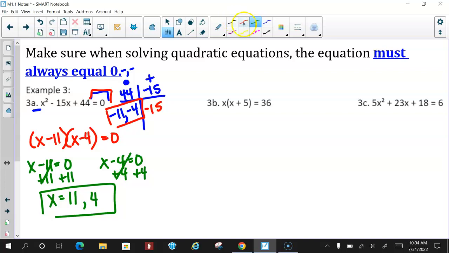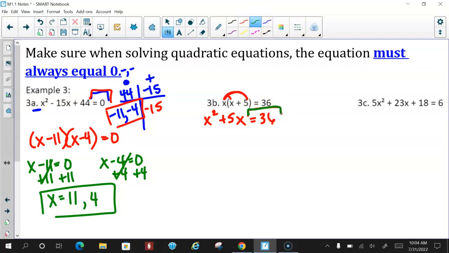Now, notice how this setup's a little different. See how we've got the distributive property? So think parentheses first. We need to distribute. So x times x, x squared. Then x times 5, 5x is equal to 36. Now here we go. Notice our equation is equal to 36.